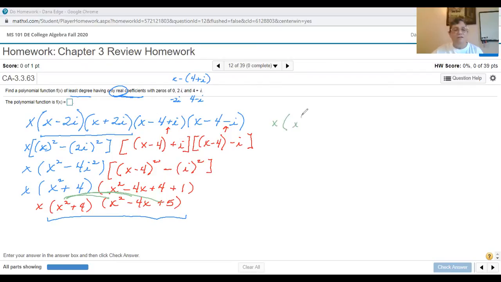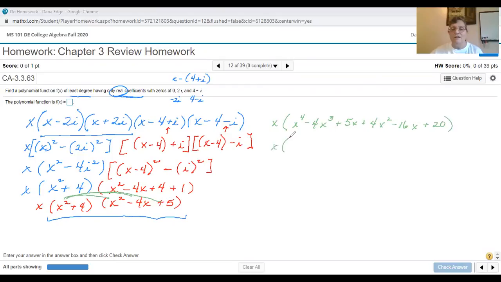Now I've got x to the 4th minus 4x cubed plus 5x squared. And now 4 times each of these is a plus 4x squared, a minus 16x, and a plus 20.